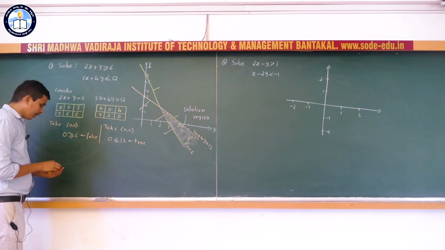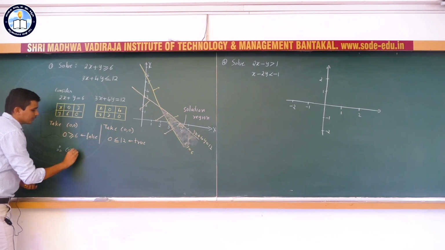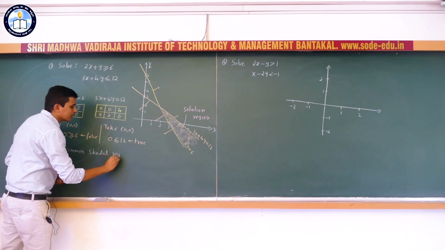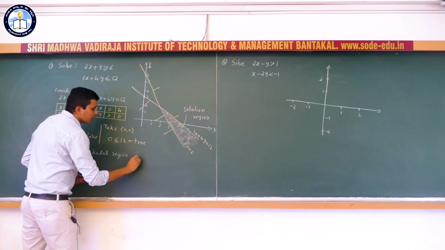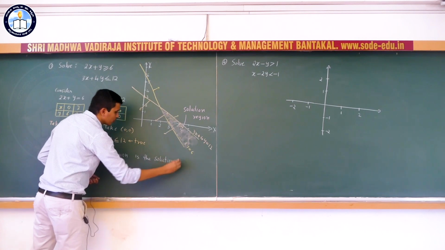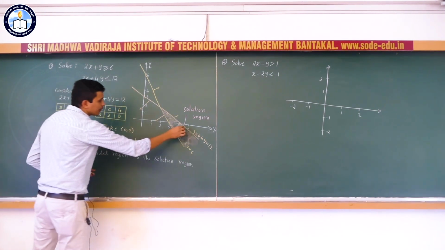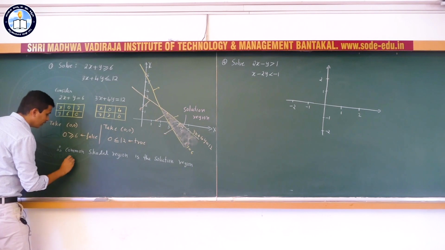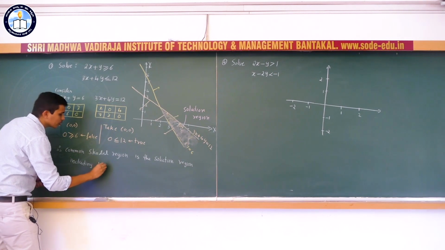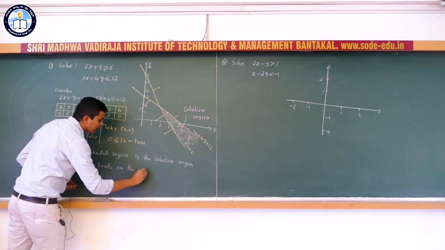So writing the conclusion part, how can I write that? Therefore, the common shaded region is the solution region, including the points on the respective lines.